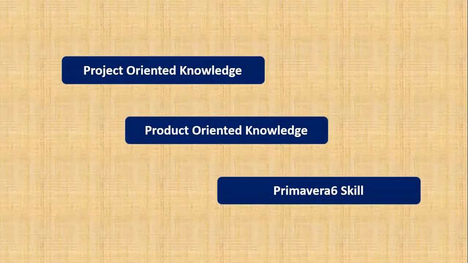So I'm going to give you details about what is project oriented knowledge, what is product oriented knowledge, and what is Primavera 6. First of all, I'm going to talk about project oriented knowledge.